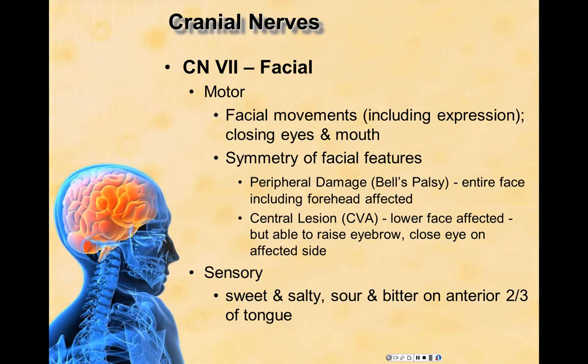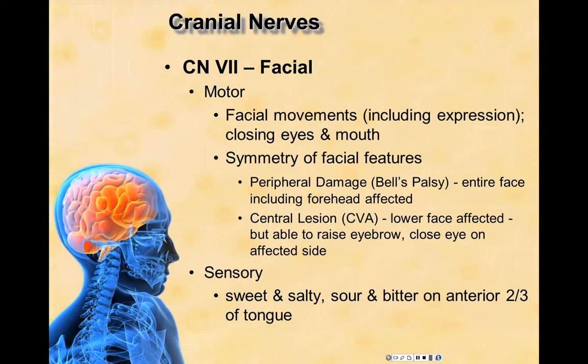If it's a central lesion, such as in a stroke, only the lower part of the face is affected, so they're still able to raise their eyebrow or frown and close their eye on the affected side.